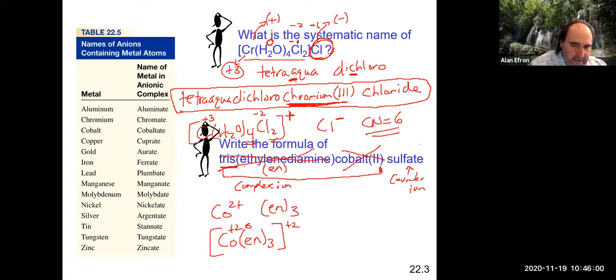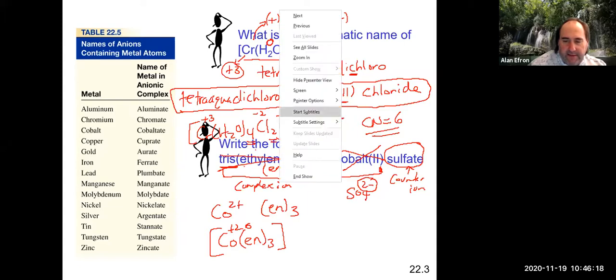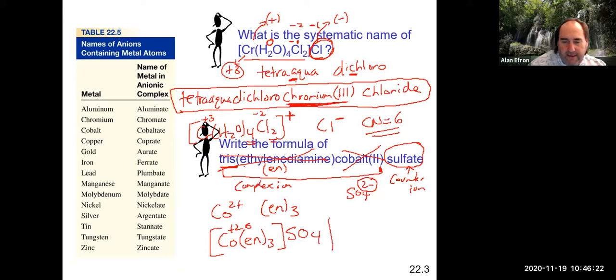And that's important because sulfate is our counter ion, and sulfate is SO4 2-. So what that tells us is we actually only need one of these guys to balance out the charge. So to do that, we would just use 1. So we'll get rid of that there and basically put in our 1 guy here.